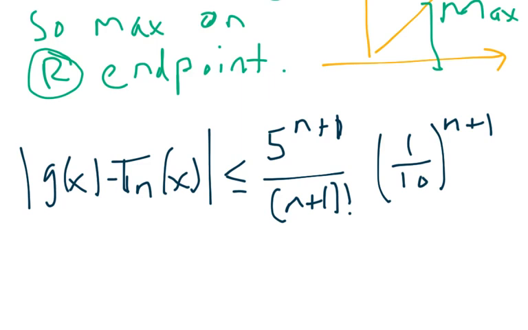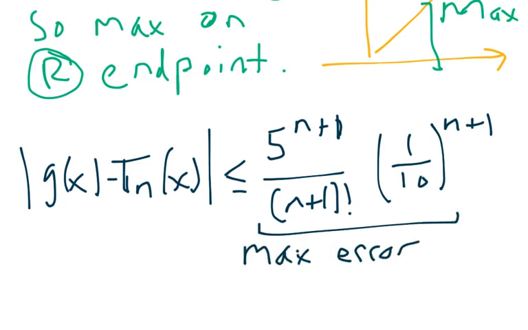Okay, now we want this error. This is our max error. Now the claim is that we want our max error to be equal to 0.01. So let's just go ahead and solve for n now, right? We're trying to find the right n values.